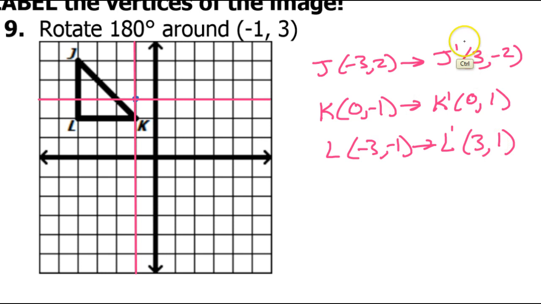So just be careful, because I'm going to now graph these points still using my fake x and y axis. So the point 3, -2 using my fake axis would be right here. Okay, and then 0, 1 would be right here.